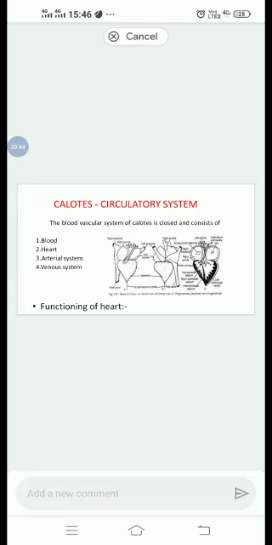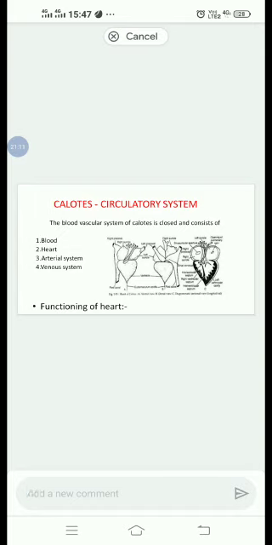Next, the ventricle. The ventricle is single, with thick, spongy muscular walls internally projecting into the lumen as ridges called the columnae carneae.